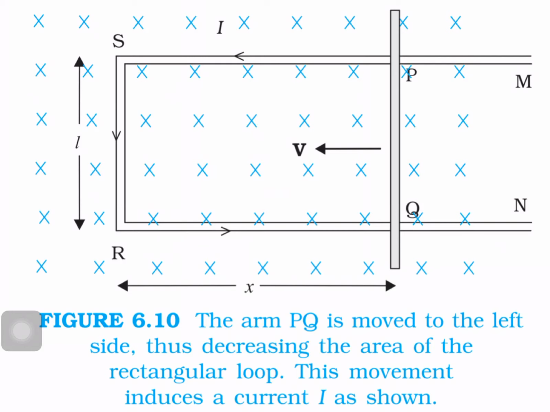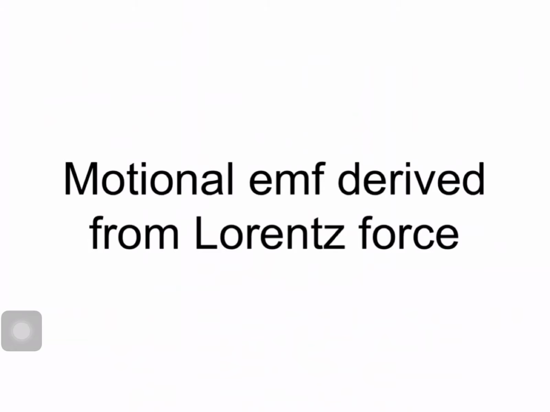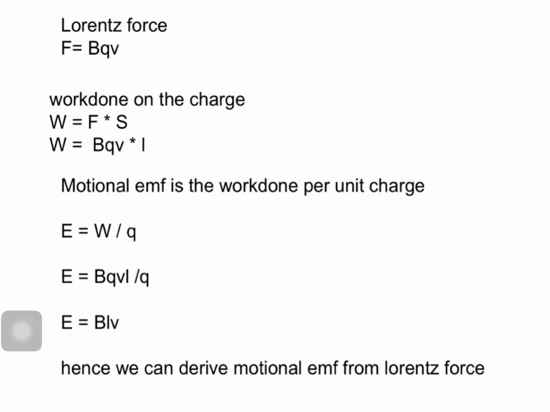that is F equal to BQV. So from his statement, from the Lorentz force, we can also derive the expression for the EMF. You know that F equal to BQV. Work has to be done on the charge as the PQ slide is moved towards RS. What is the work done?